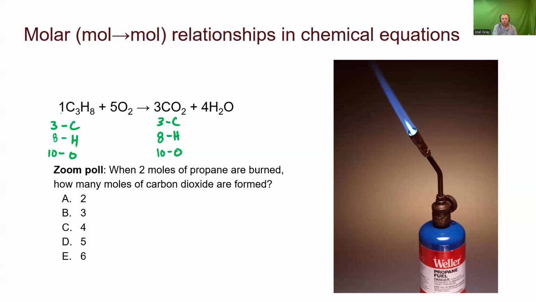This is a ratio, 1 to 5. But if instead of 5, let's say that I only had one O2, the product would have to change.